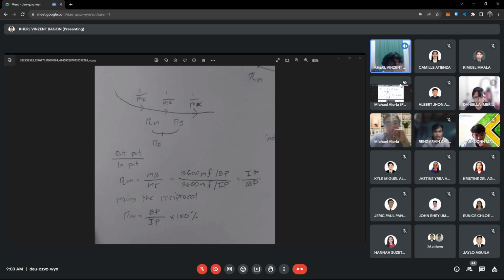Based on the formula for MB, which is 3,600 mF over BP, and for MI, the indicated specific fuel consumption, 3,600 mF over IP. Dividing them, the 3,600 mF cancels, resulting in IP over BP. Then taking the reciprocal, the mechanical efficiency equals BP over IP.